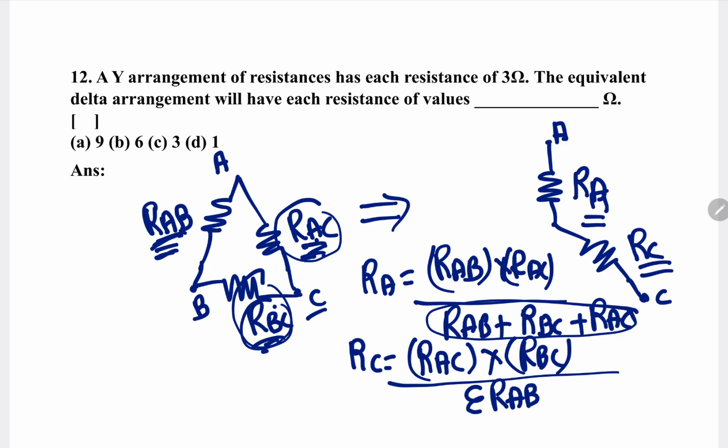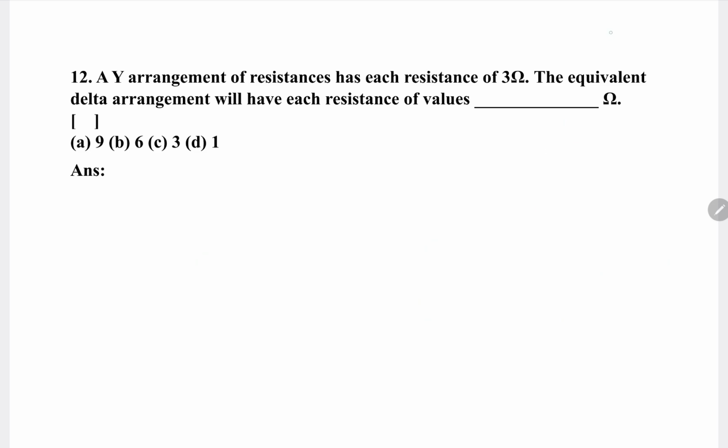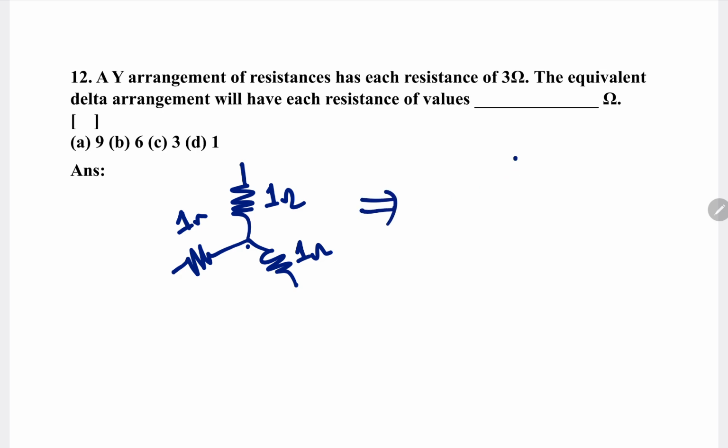One simple example we'll take and we'll understand. Let us say this is 1 ohm, this is 1 ohm, and this is 1 ohm, but I want the equivalent delta network. This is the delta network resistance. Now this value I want.